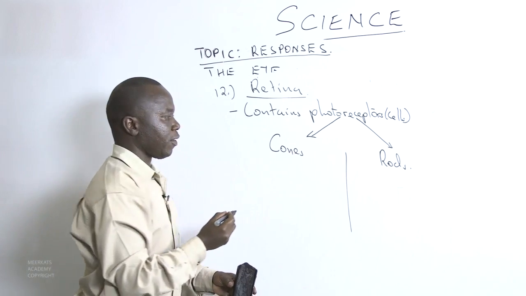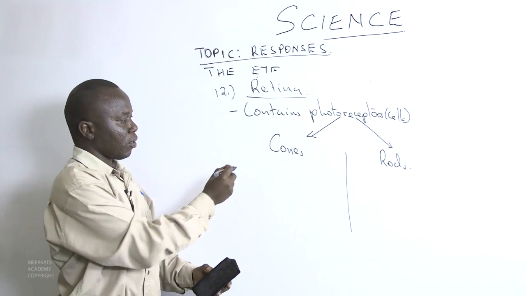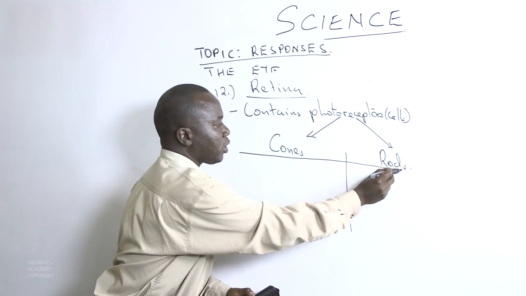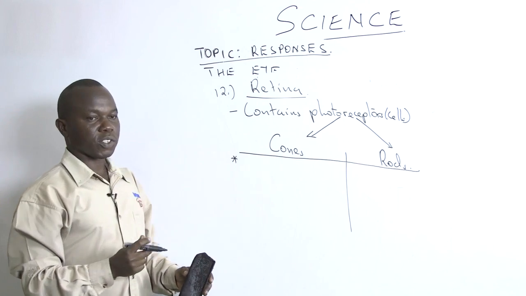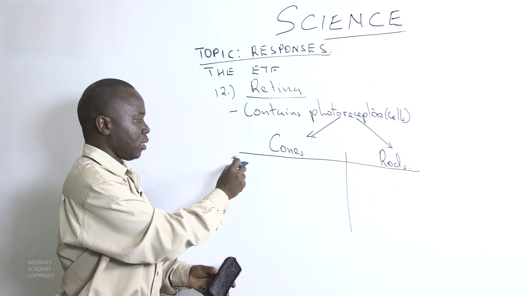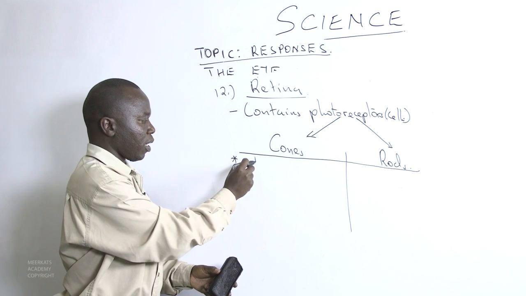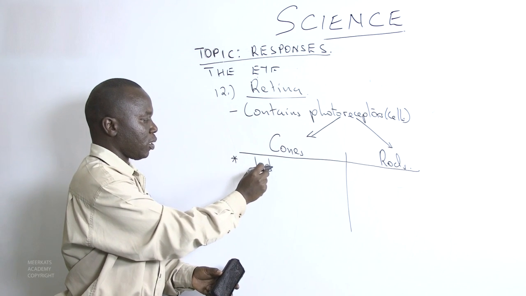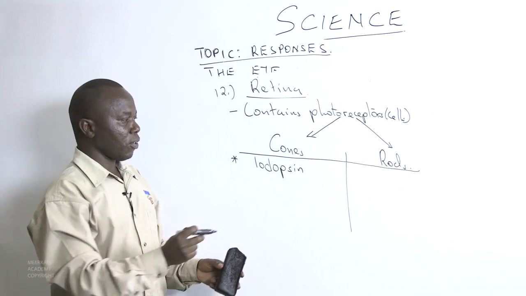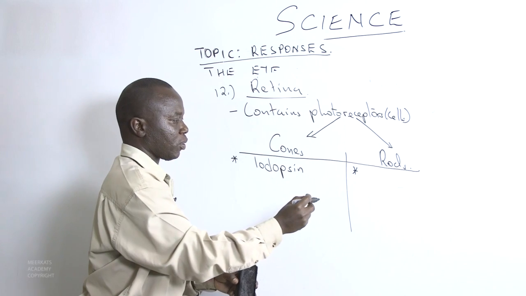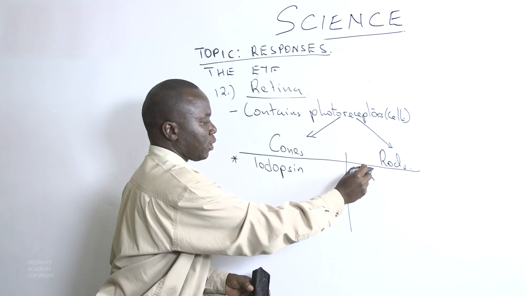These rods are different from the cones because each has a different photopigment. In the cones we have a photopigment called iodopsin. In the rods we have a photopigment called rhodopsin.